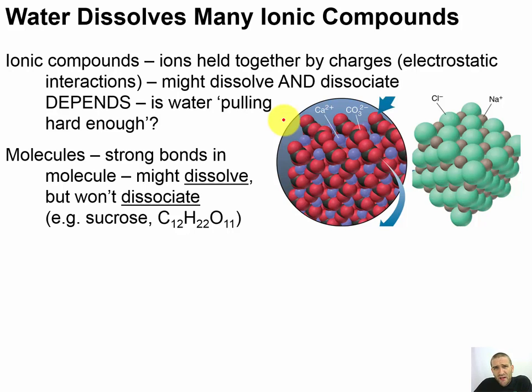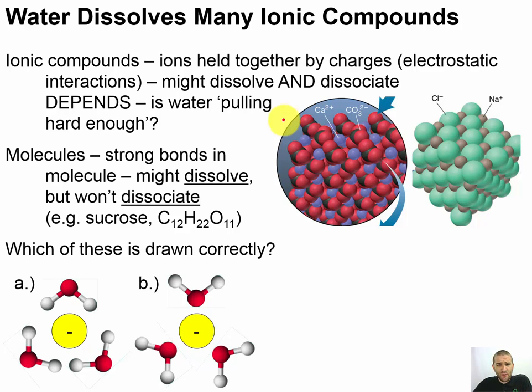About the only one that will break is an H. You can break an H plus off of some molecule, and those are going to be ones that are super stable and have good resonance structures once you pop it loose. And those are typically going to be those ions that we had to memorize, the polyatomic ions that can be negatively charged. Most of those will make good acids. And so we'll be able to have a hydrogen on there that can pop loose as an H+. But even then, most molecules can't do that at all. Acids are about the only exception to it.